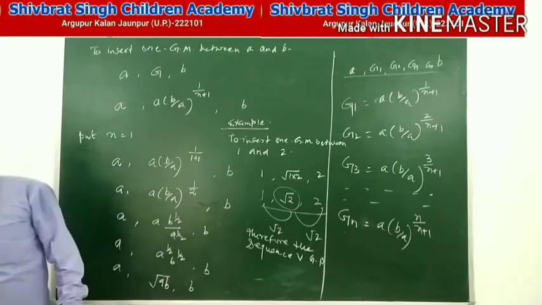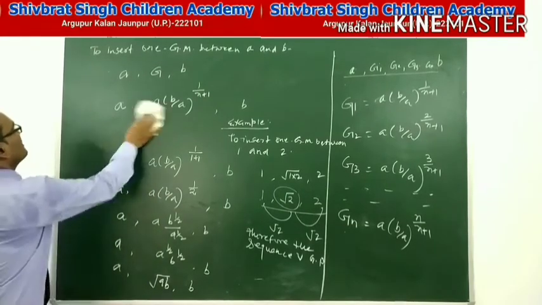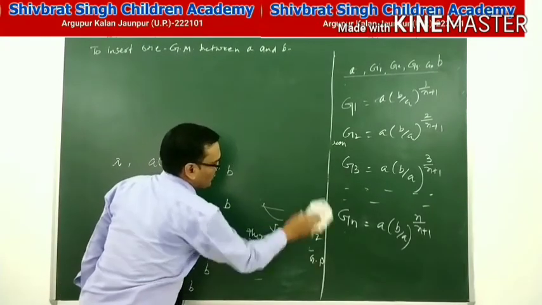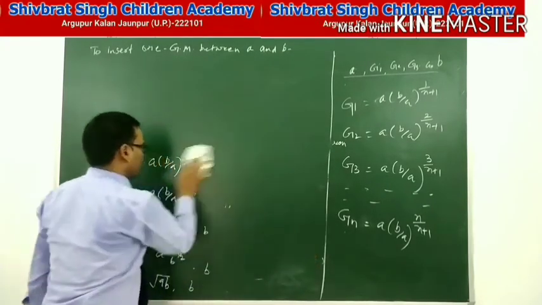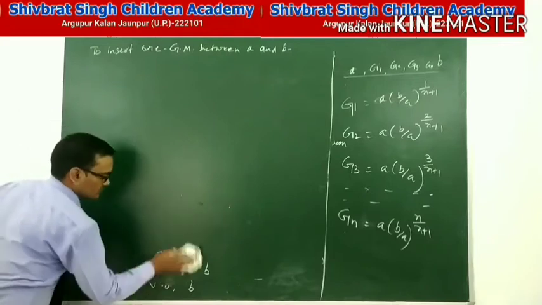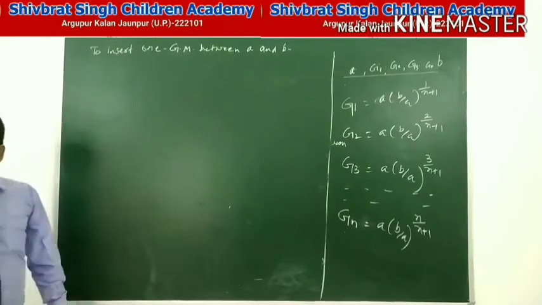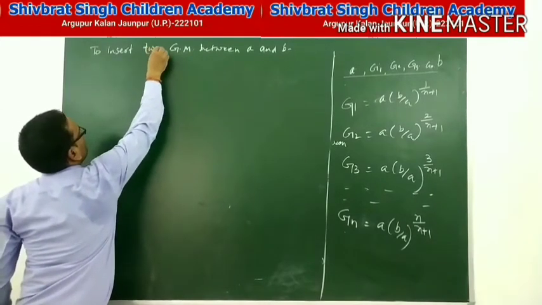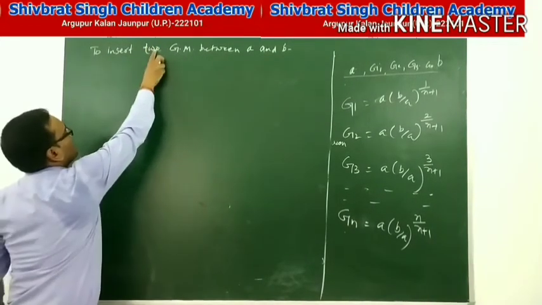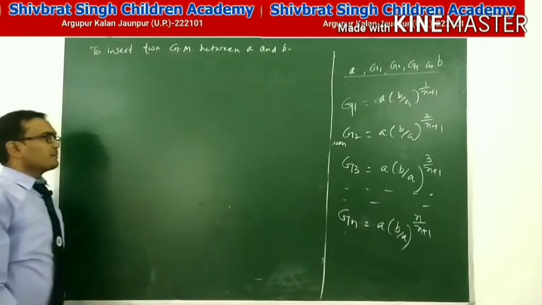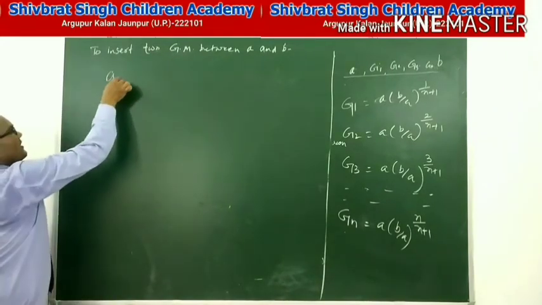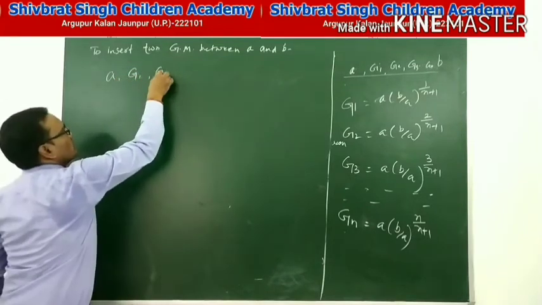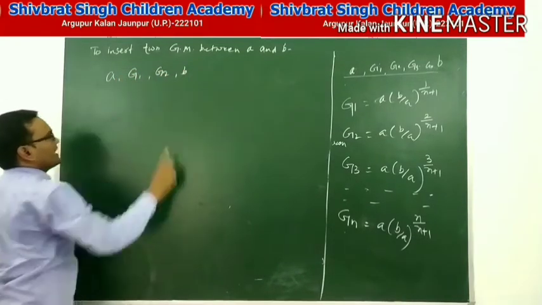Now again we discuss how to insert two geometric means between two positive numbers a and b. Let us consider two geometric means g1 and g2 between two positive numbers a and b.